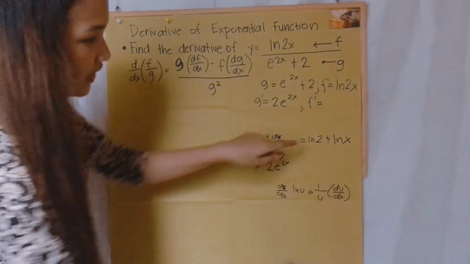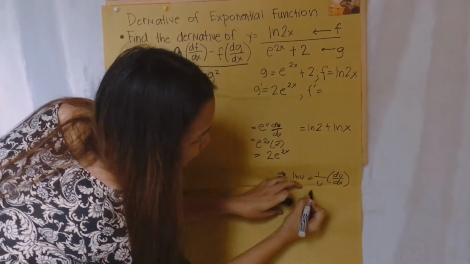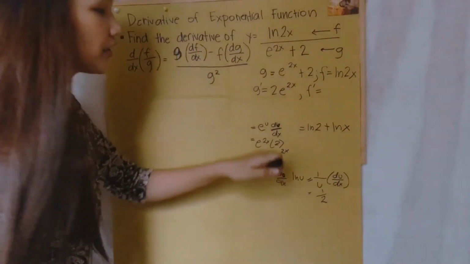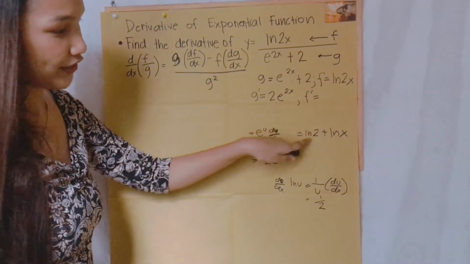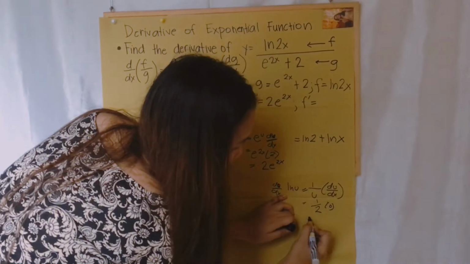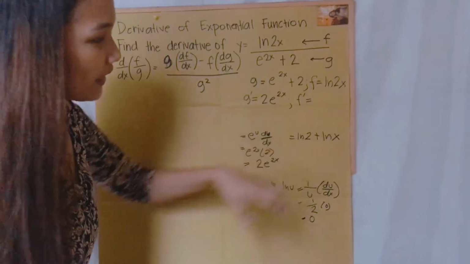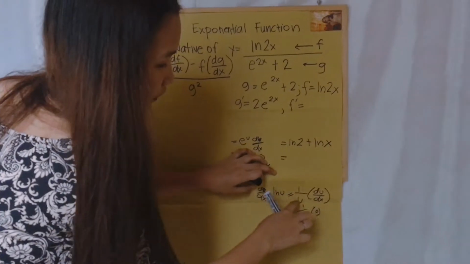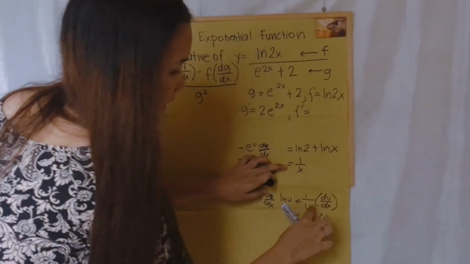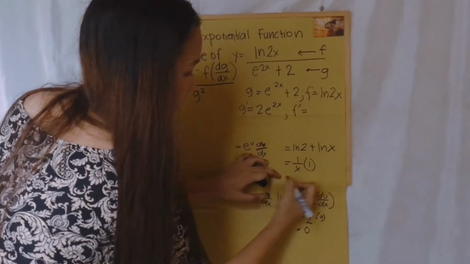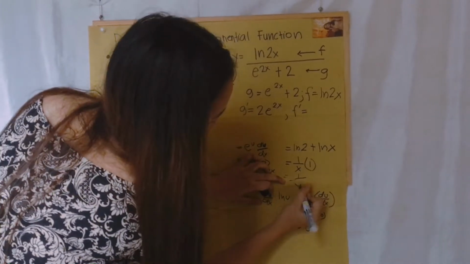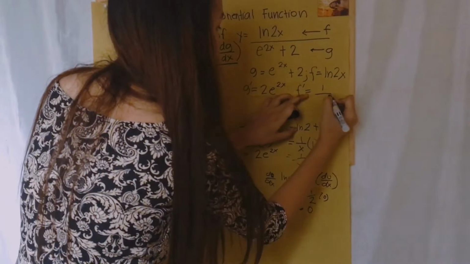For ln 2, u is 2, so we have 1 over 2 times the derivative. Remember that the derivative of a constant without a variable is 0. So the answer for ln 2 is 0, and you don't necessarily have to put 0. For ln x, we have 1 over u, where u is x, and the derivative of x is 1. So we have 1 over x. That is our f prime, 1 over x.